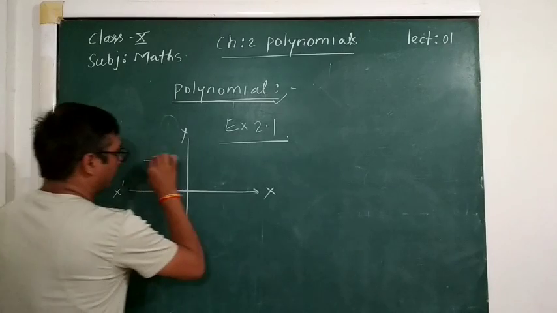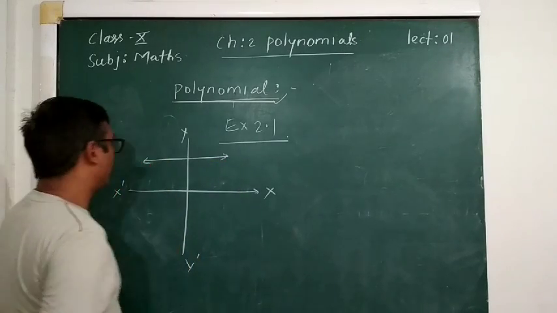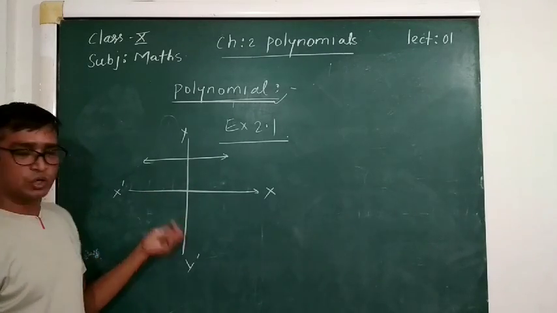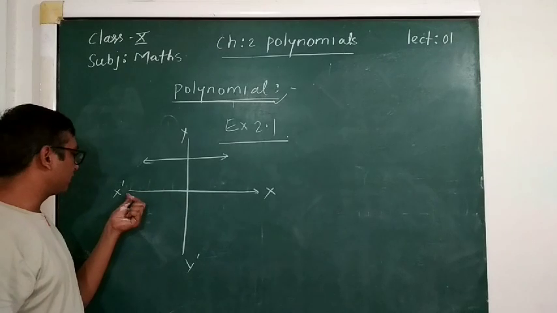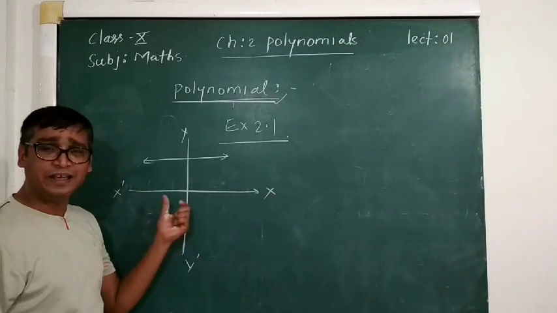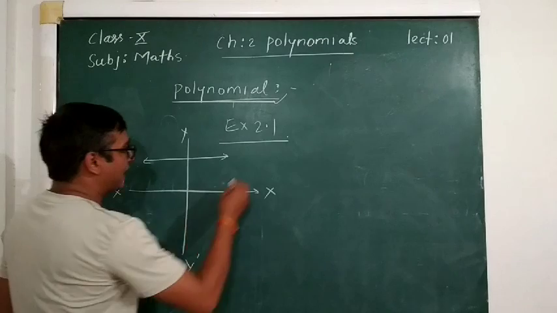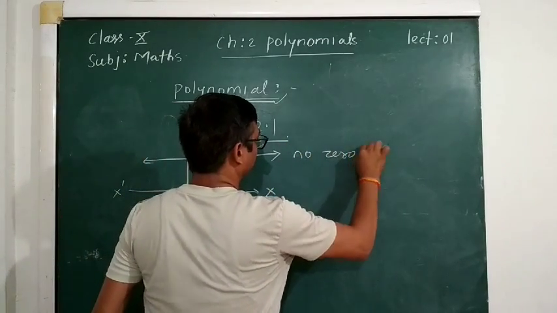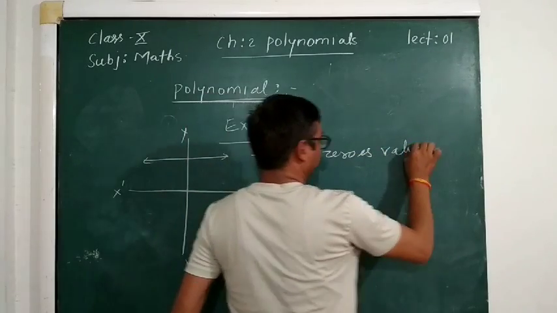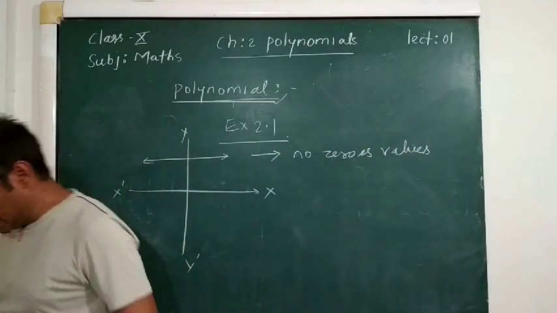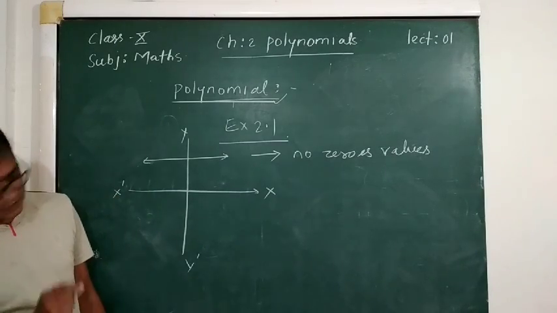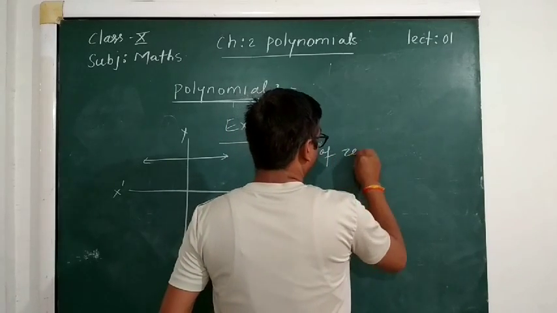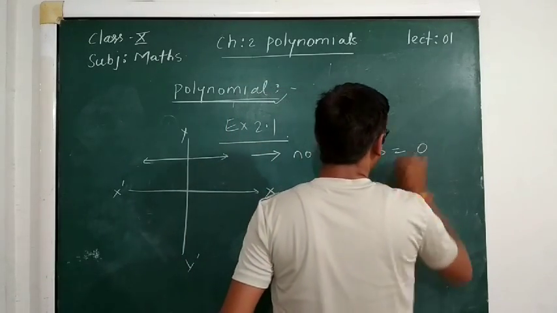Suppose here in the first question it is given like this. So this curve line is not intersecting the x axis at any point. So we can write that there are no zeros. Right? It means the number of zeros is equal to 0. You can write here also number of zeros is equal to 0.